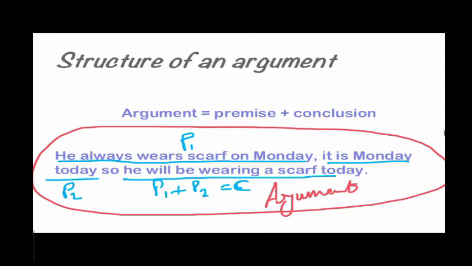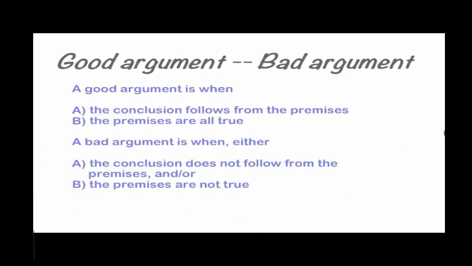Okay, now let's look at the nature of an argument. And as easy as it may sound, there are just two types of arguments: good arguments and bad arguments. So what's the difference between the two?